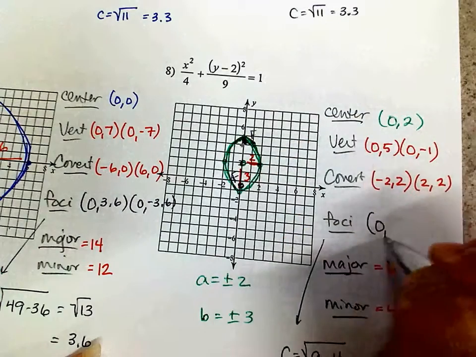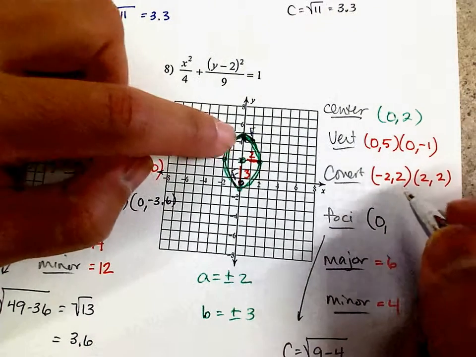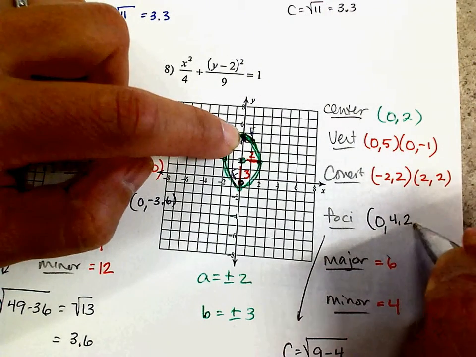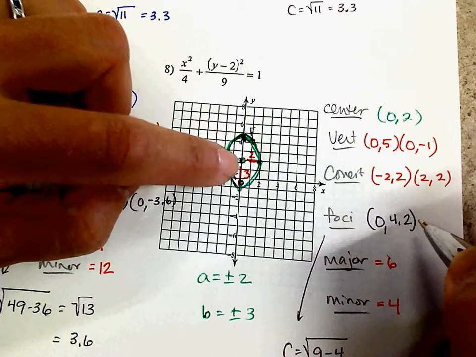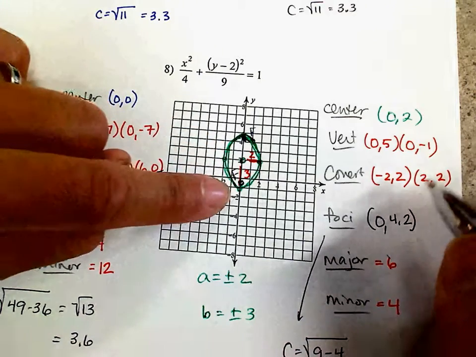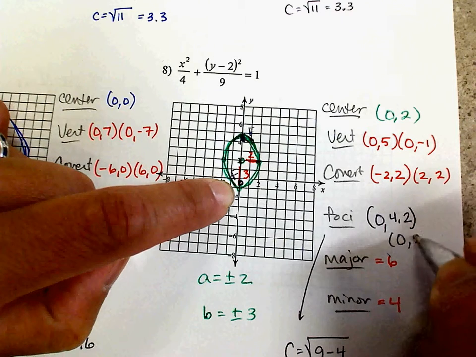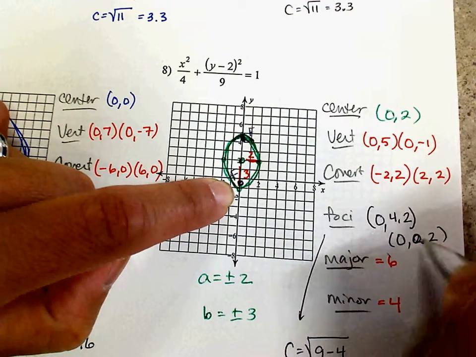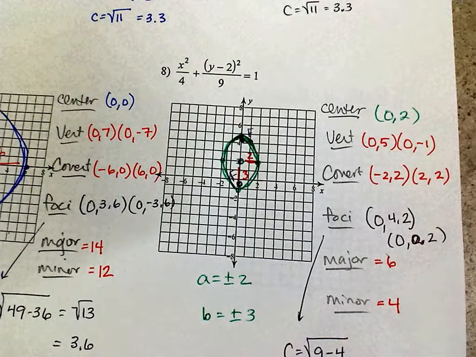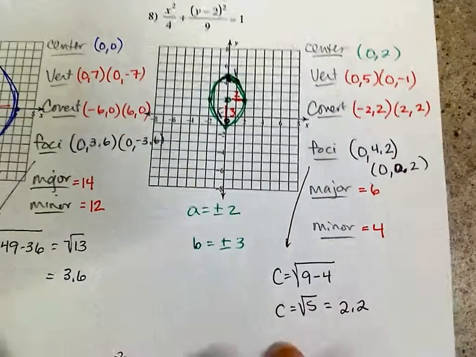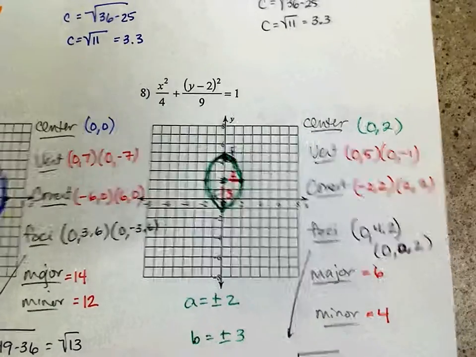What is that? 4.2. And this right here is 1, 2. Oh, just 0.2 over. There's your 0. Okay. And there you have your foci. And that's it on number 8.